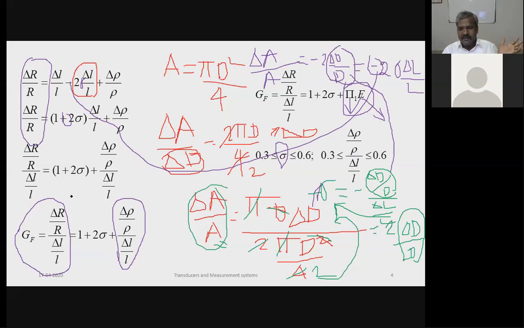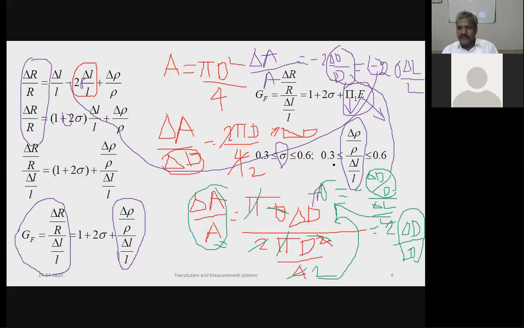Normally strain gauge elements are manufactured using metal only. So the Poisson's ratio of metal is normally less than 1, particularly for metals in the range of 0.3 to 0.6. Similarly, this is called the piezoresistance coefficient.